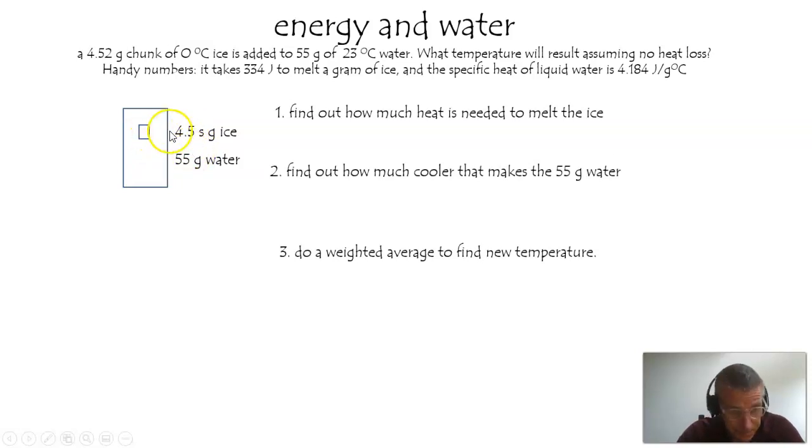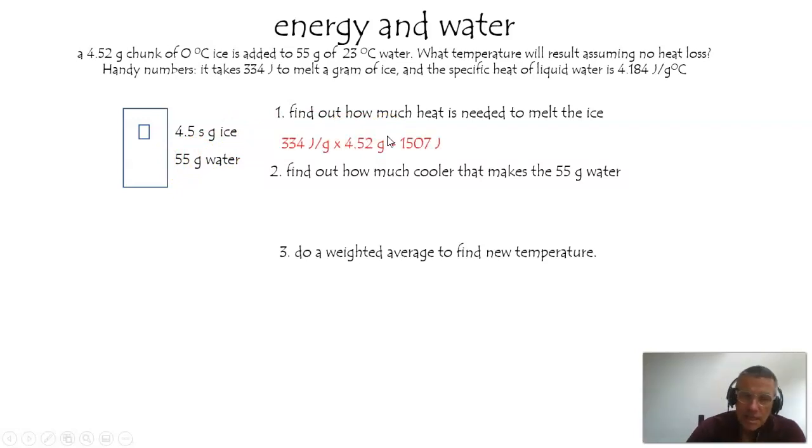And then let's see how much cooler that makes that 55 grams of water. We can do that using Q equals mc delta T. At that point, you've got some colder water and some warmer water that's gotten a little cooler, but not too much. Do a weighted average, and when they mix, you should get what the average is. Notice that it's over 90% liquid water at this point.